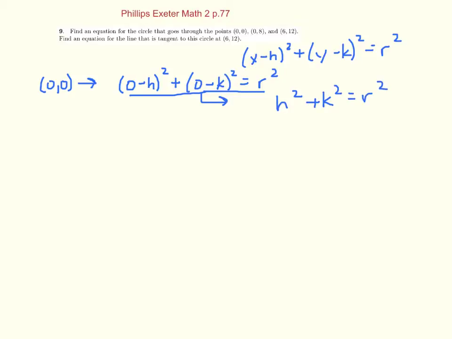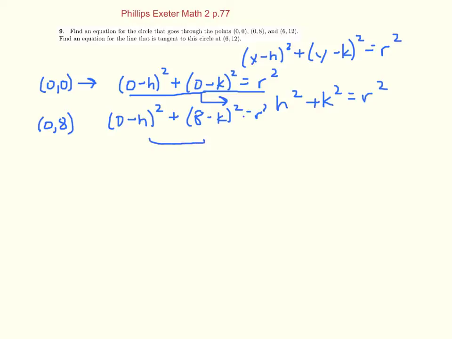Then I substituted in 0, 8 into the same thing. So now I have 0 minus h squared plus 8 minus k squared equals r squared.